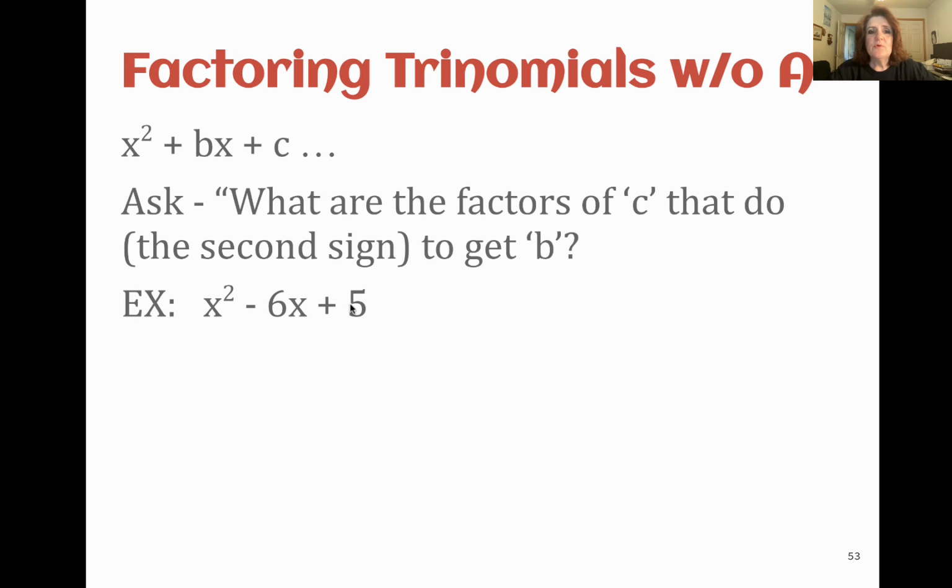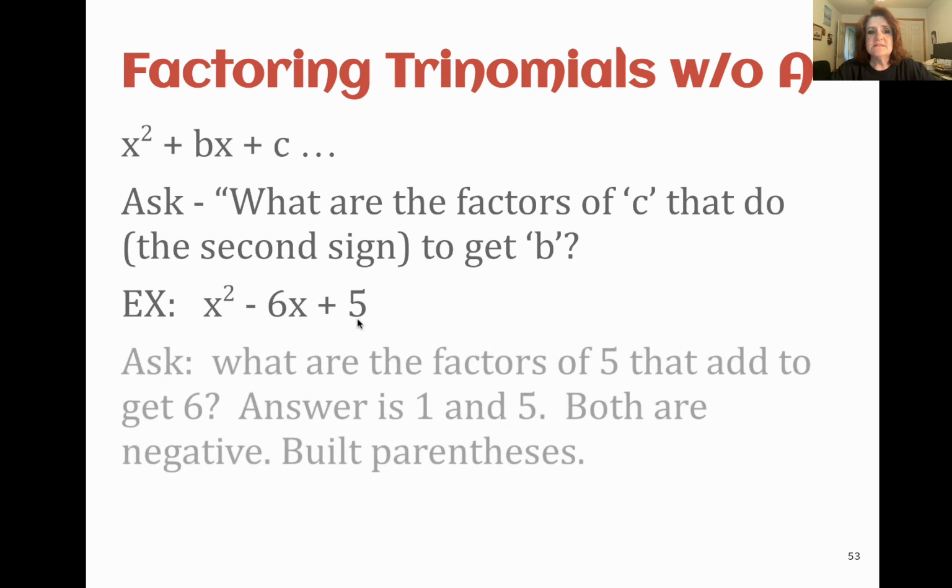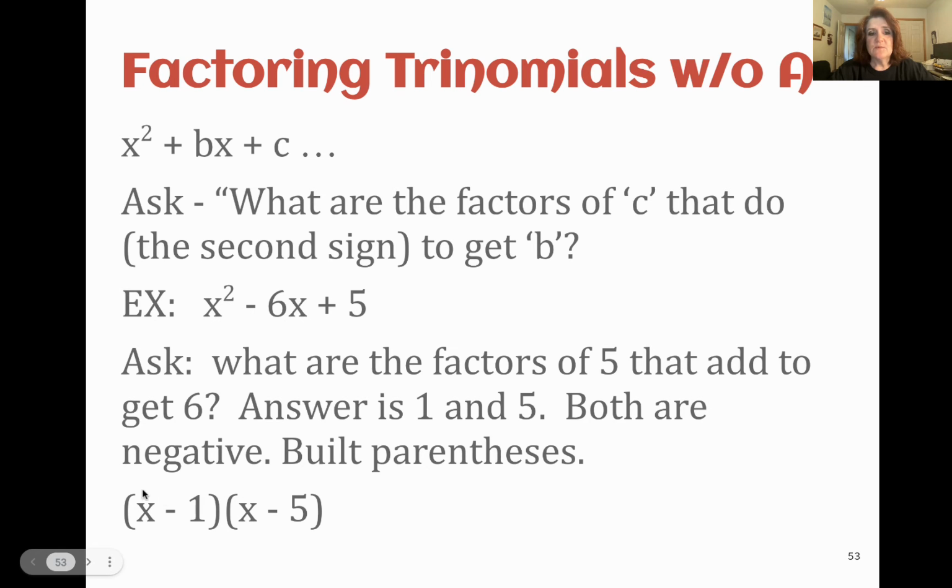So in this example, what are the factors of 5 that subtract to be 6? The answer is 1 and 5, but both of them would have to be negative, and then you would build your parentheses. X squared splits into x and x, and then the factors that you came up with, minus 1, minus 5, go into your parentheses.